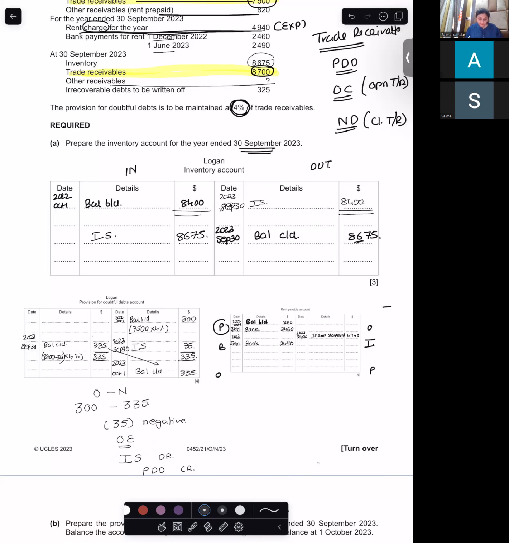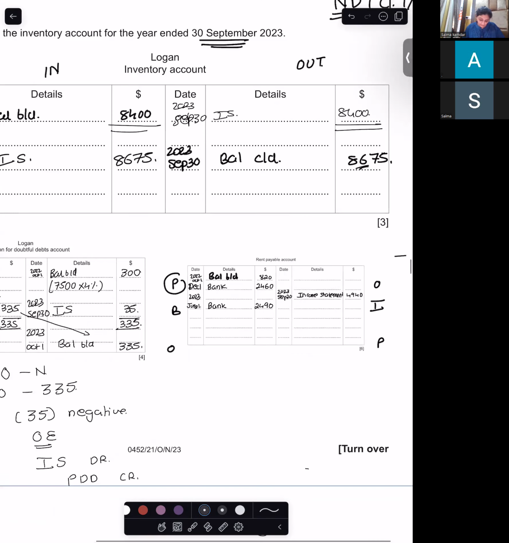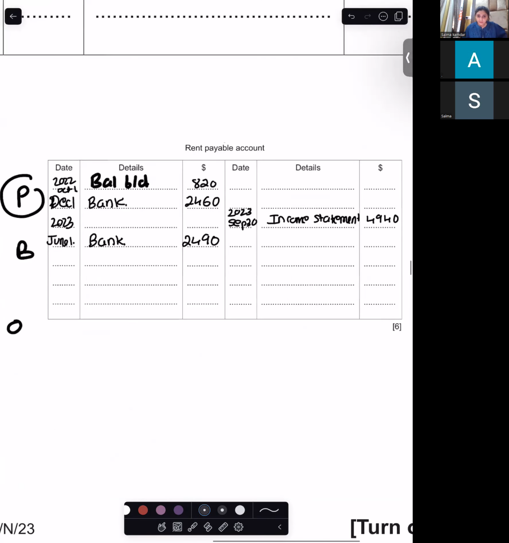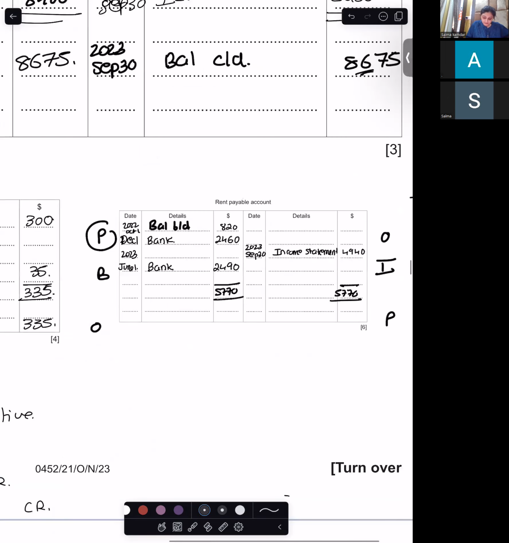Okay. Now let's go. You've completed all the three, right? Now rent payable account. You have to close that account. Which side is more? I see the debit side is more. 5770.